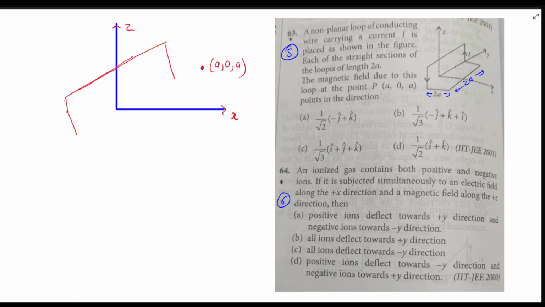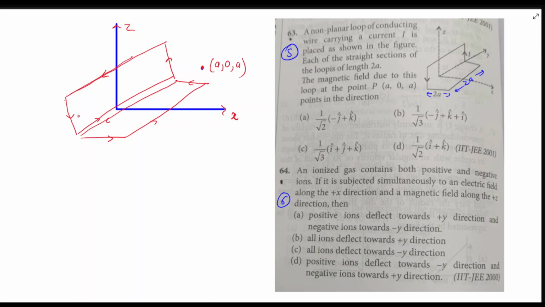Let's say this is our plane, this is one side. We take a straight wire like this and another wire like this, and this is our second loop. Look, the current is flowing in this direction like this, and in this it will be like this. Actually there is no current here, because these wires are so close that the currents cancel. Due to this, the situation becomes very easy.